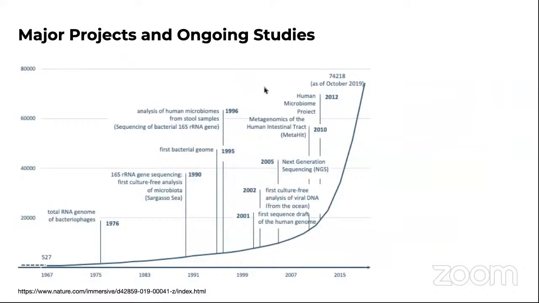Now, to study this, a number of microbiome studies have significantly advanced through major initiatives such as the Metagenomics of the Human Intestinal Tract and the subsequent Human Microbiome Project.